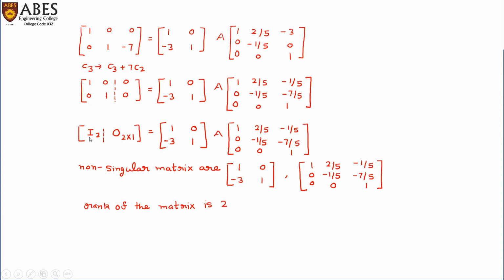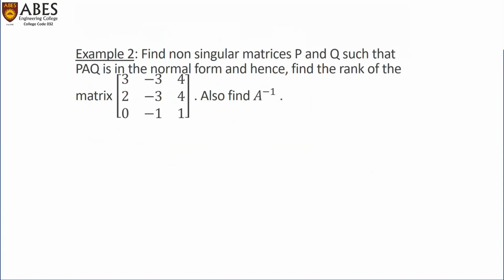Now move to the second example to better understand the corollary of the normal form. Find non-singular matrices P and Q such that PAQ is in the normal form, the first part, and hence find the rank of the matrix, the second part, and the third part is to also find A inverse.